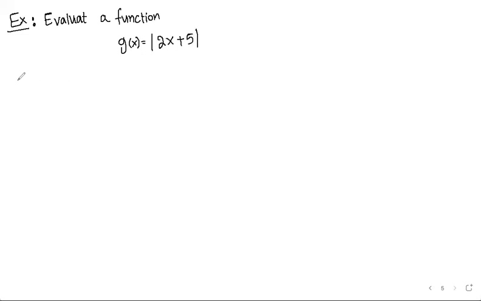And the values I ask you to evaluate are g of minus 3, g of minus 2, g of 0, and g of 1.